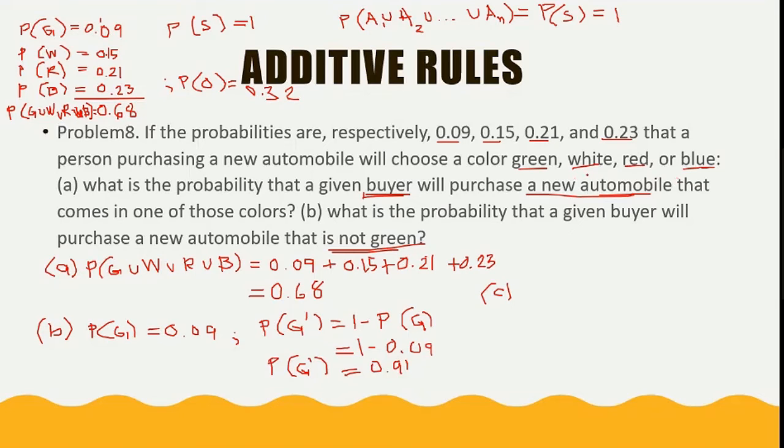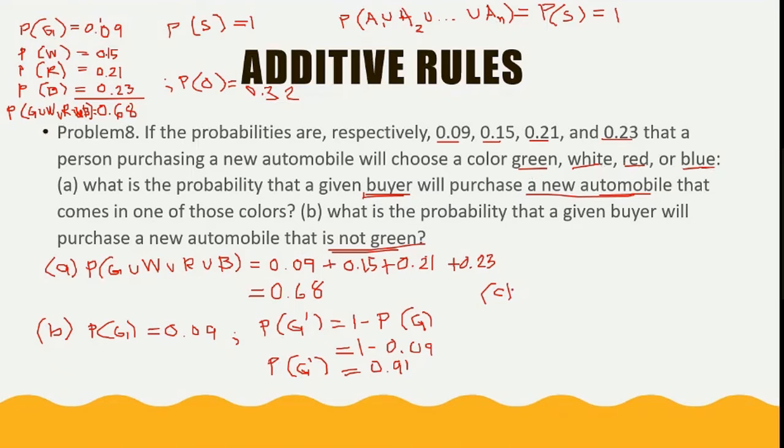Meaning, the buyer will not buy green, but it can be white, red, or blue. We will buy any of the colors green, white, red, blue, but not green.